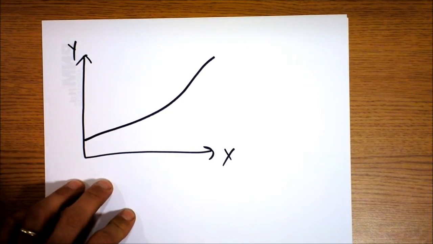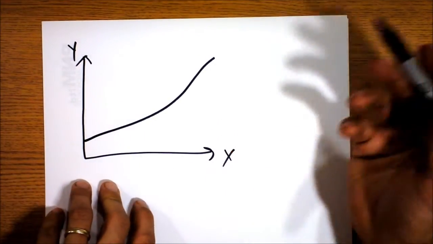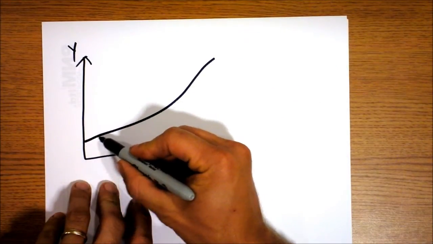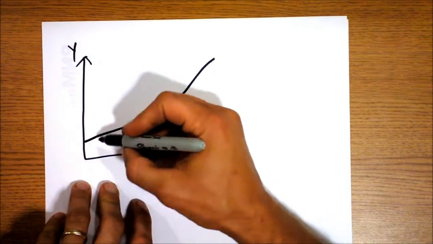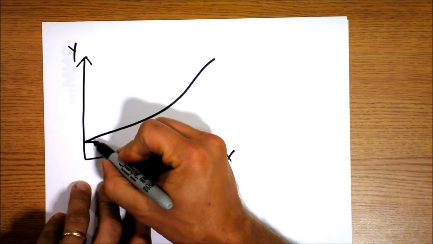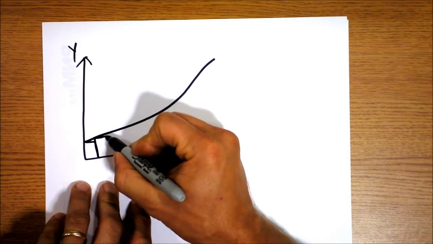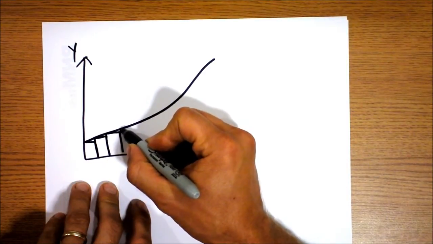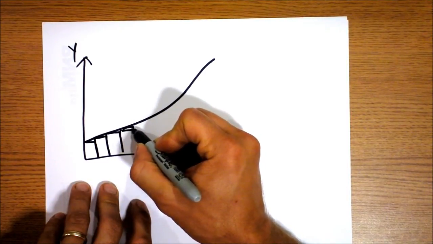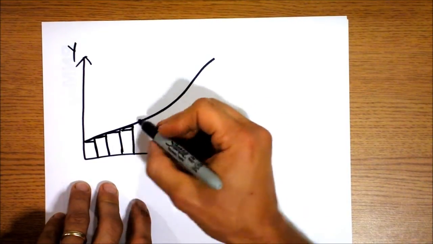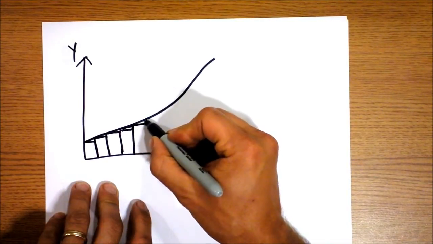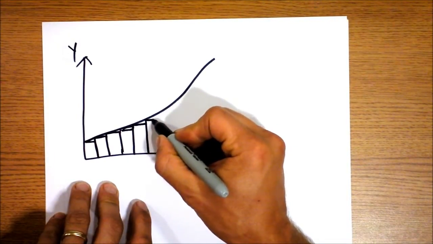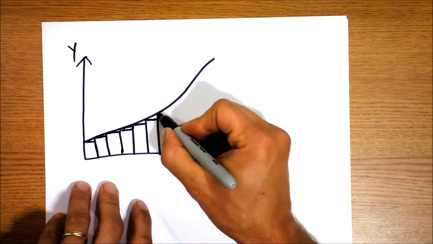One way of doing it is by breaking each chunk of this function into a rectangle. You break it into rectangles of fixed width, all the same size, and the area of a rectangle is easily known. No problem, right?